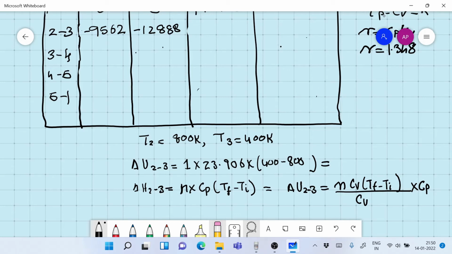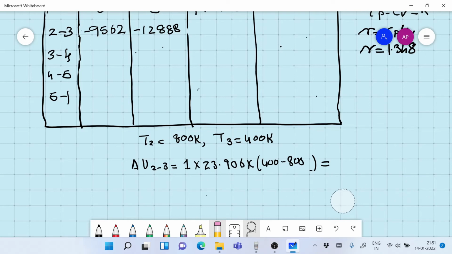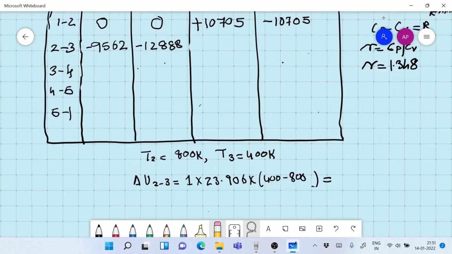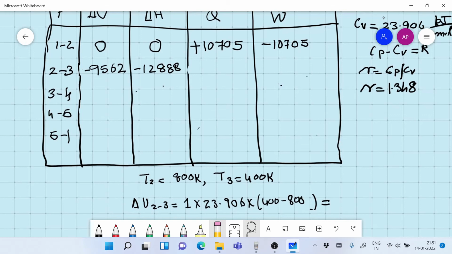And this should ease out a lot of calculations. So now we calculate delta H accordingly and we get the answer as minus 12,888. So now this process was a constant volume process. So the work is going to be equal to 0 and the heat is going to be equal to delta U. So we note it down, minus 9562.